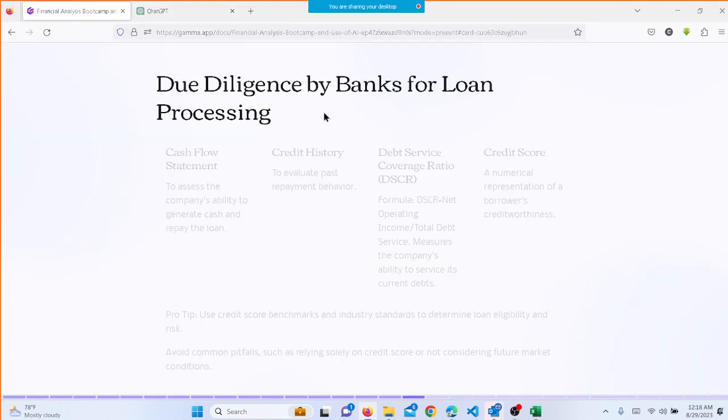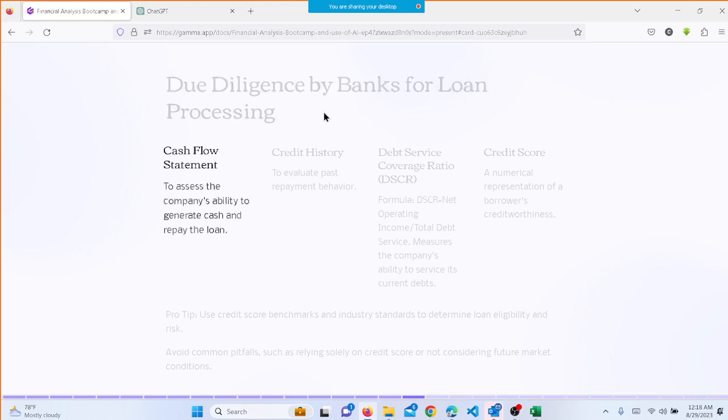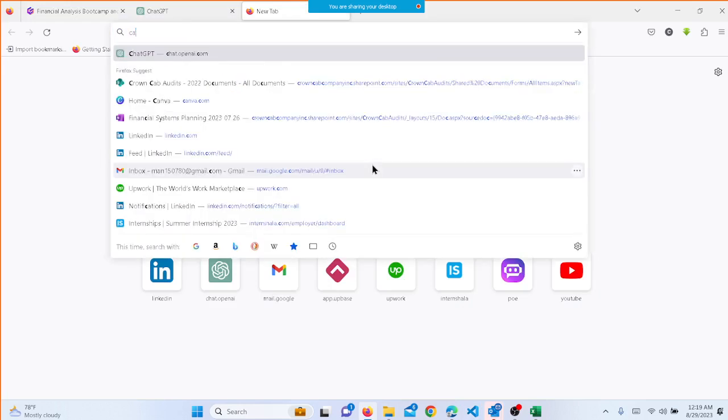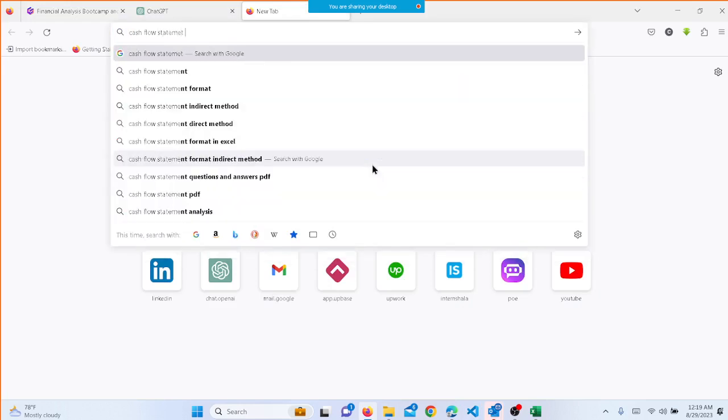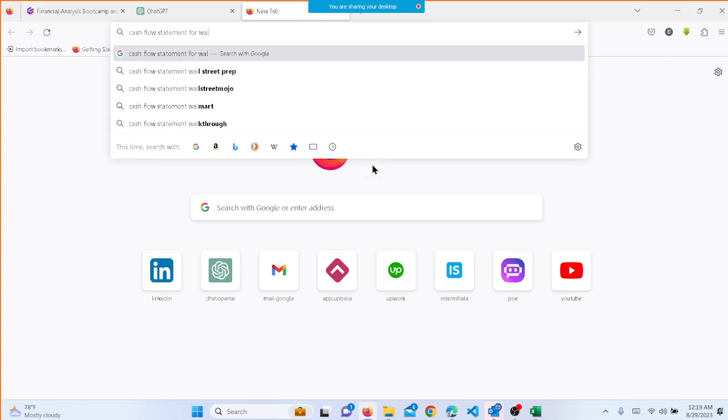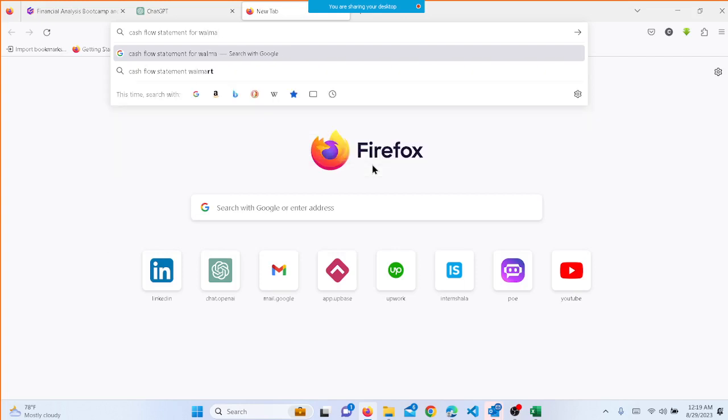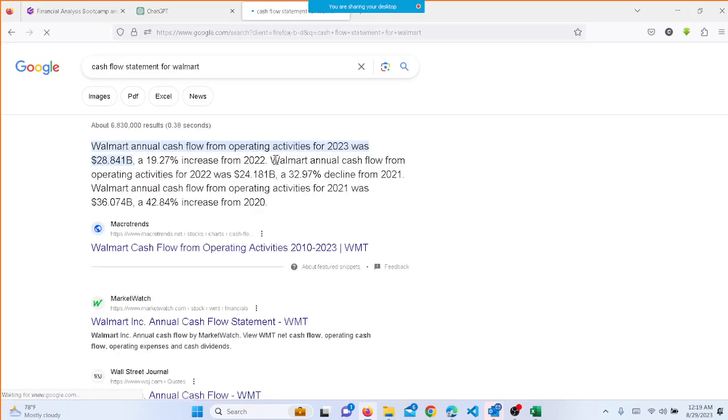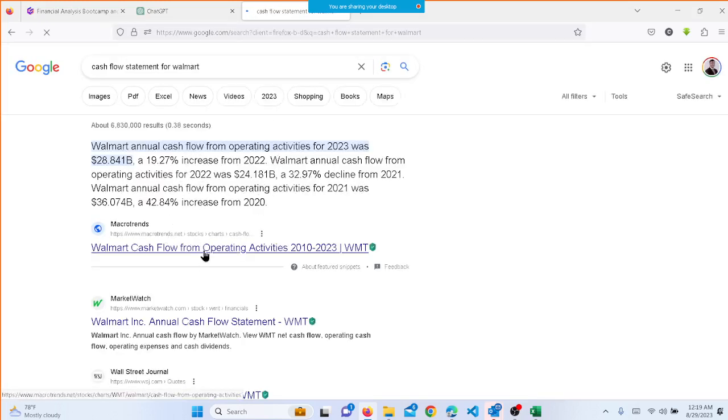Okay, so the next application for the financial analysis was the due diligence by a bank for loan processing. For that, they need to look at the cash flow. If you can see the cash flow statement for Walmart, I didn't download the data, but check it out.